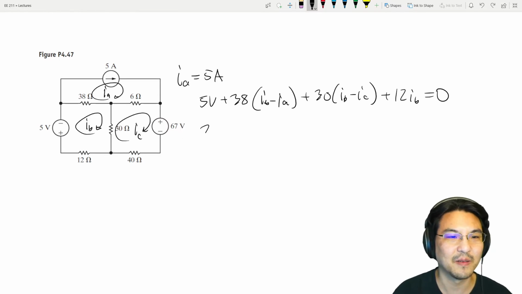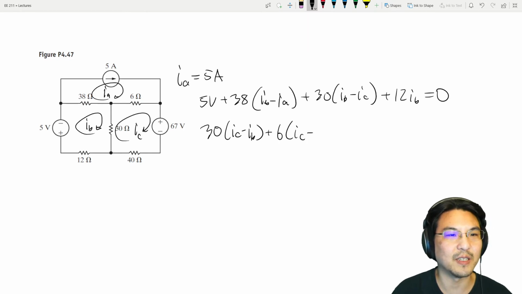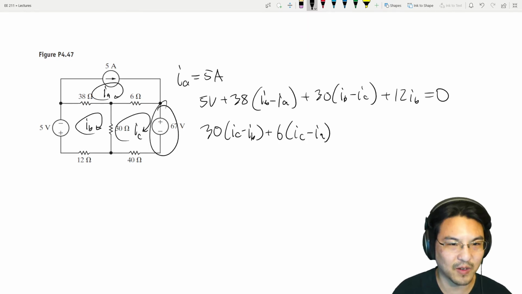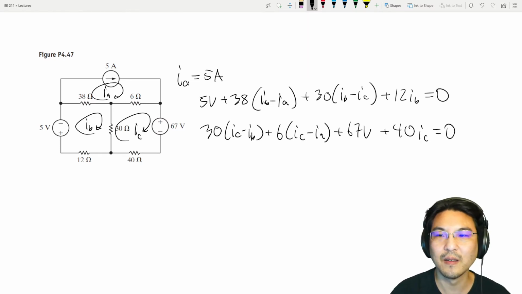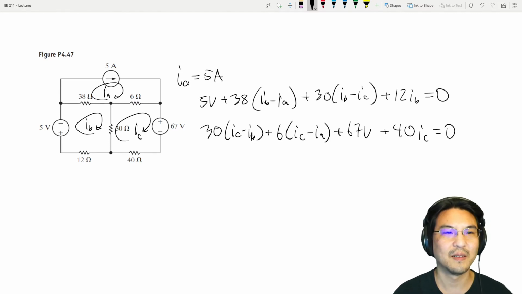So over here, 30 IC minus IB, over here going clockwise, 6 IC minus IA, over here going clockwise, plus 67, and over here, 40 IC. Okay, so there are 3 mesh currents. We solved one immediately, so 2 equations, 2 unknowns.